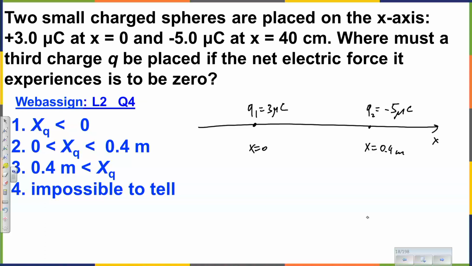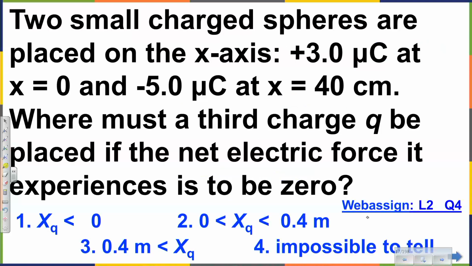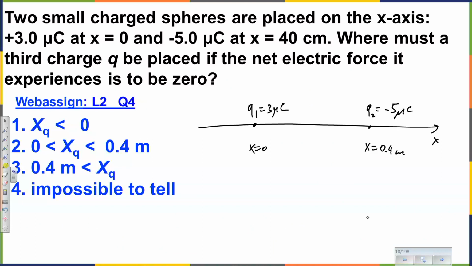I read exactly the same slide you read. First time, it was a different question than we have now. So you always have the answer number 4. Impossible to tell.